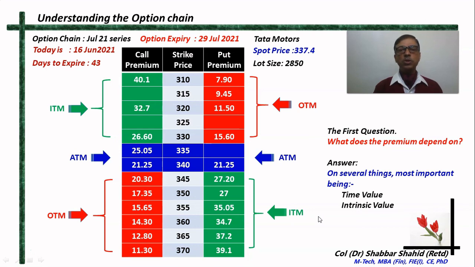But the two most important things on which the premium depends are the time value and the intrinsic value. The time value of the option and the intrinsic value of the option. Now, what is this time value and what is the intrinsic value of the option? We shall see in the next lesson.